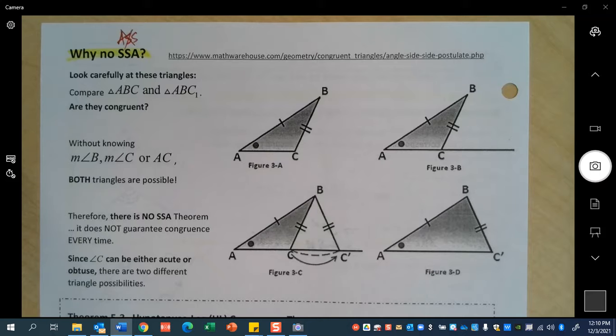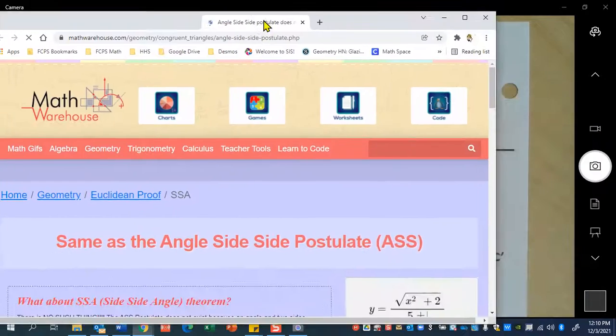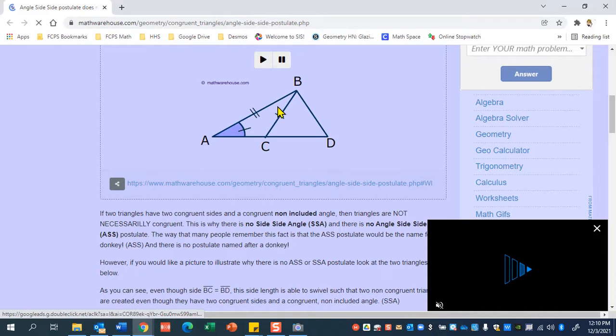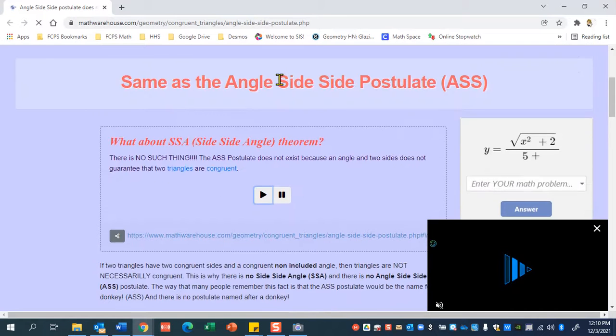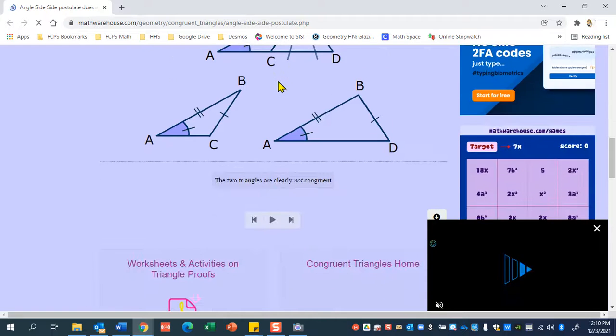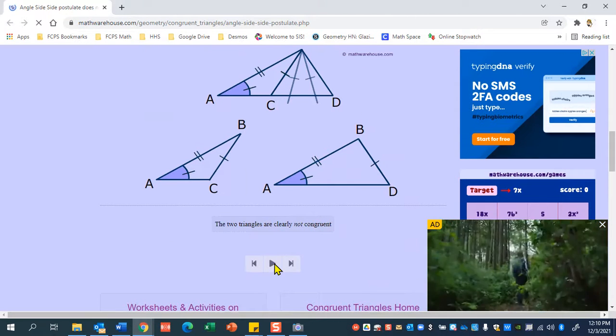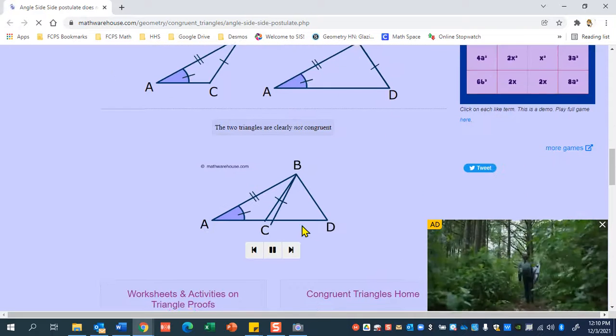But the interesting thing is they are not congruent because that orientation of shapes does not guarantee that our side stays where we put it. If you look here, it swings. Trying to get it to swing. There it goes.